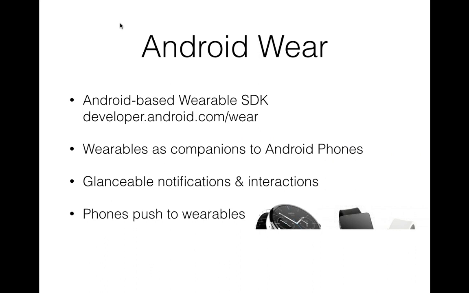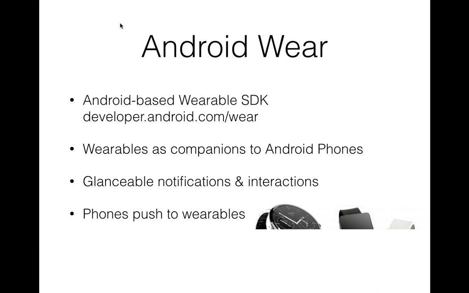I haven't seen any information about the actual physical connection. I've heard that they will use low power Bluetooth, but I haven't confirmed that myself because the SDK doesn't expose the actual communication API at all. So, other questions about Android Wear?